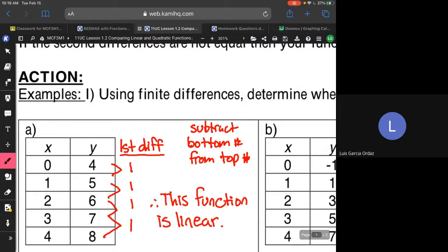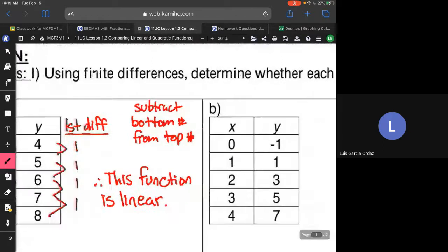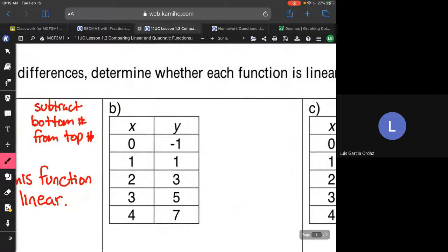Now let's try our next one. So I have B. Again, I'm going to label a column called the first differences. Start from the bottom and go up. So 7 minus 5, what does that give me? 2. 5 minus 3, 3 minus 1 is 2.